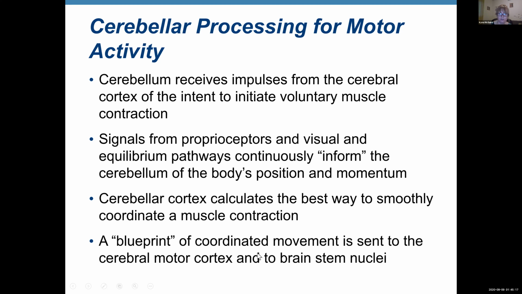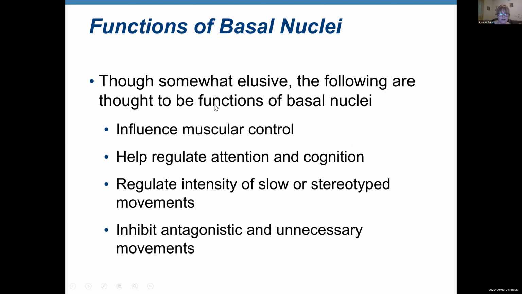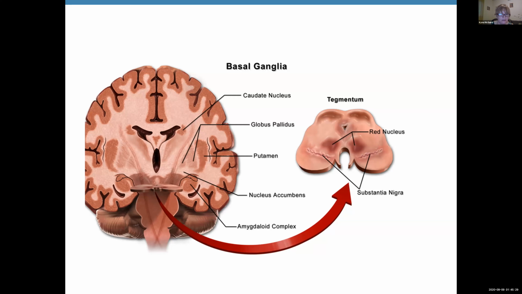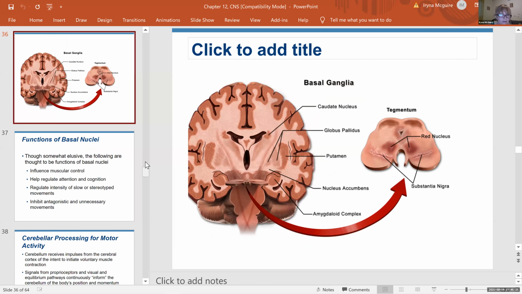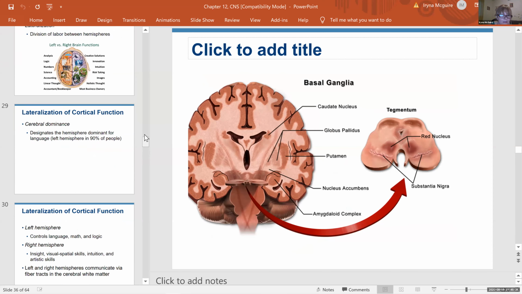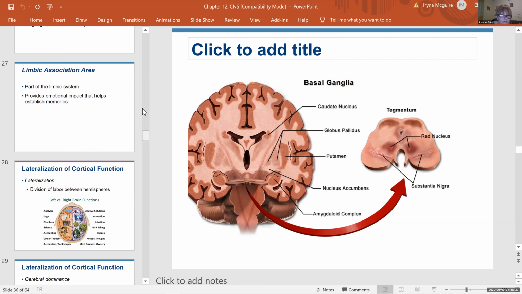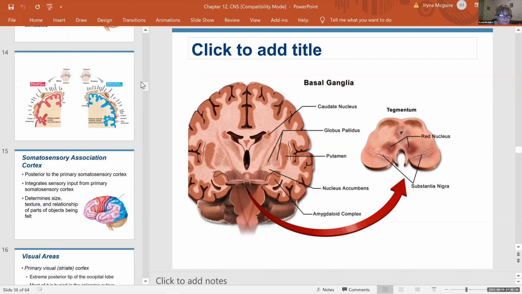A blueprint of coordinated movement is sent to the cerebral motor cortex and to brain stem nuclei. So that's a really complicated process. Let me go back to the homunculus, where you have them.